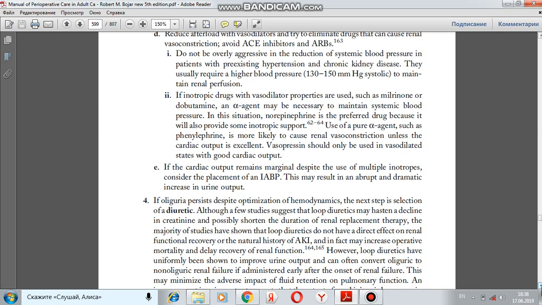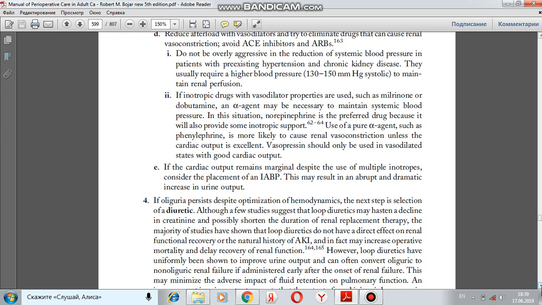If inotropic drugs with vasodilation properties are used, such as milrinone or dobutamine, an alpha agent may be necessary to maintain systemic blood pressure. In this situation, norepinephrine is the preferred drug because it will also provide some inotropic support.